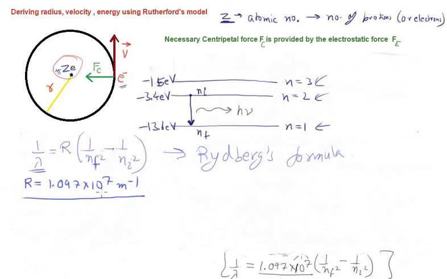This is Rydberg constant. Now what is the significance of this equation? The significance of this equation is that if an electron jumps from initial orbit to final orbit, it will emit out a photon of wavelength lambda, which can be calculated using this formula, right?